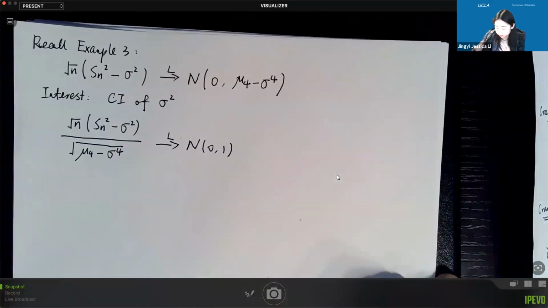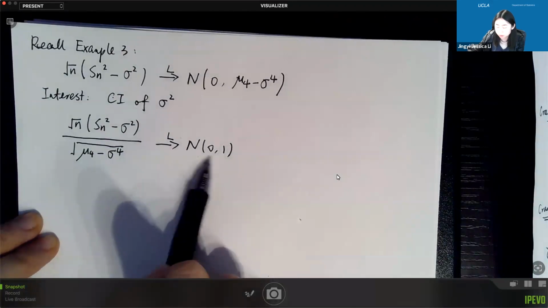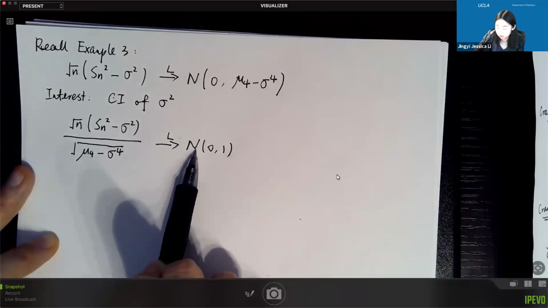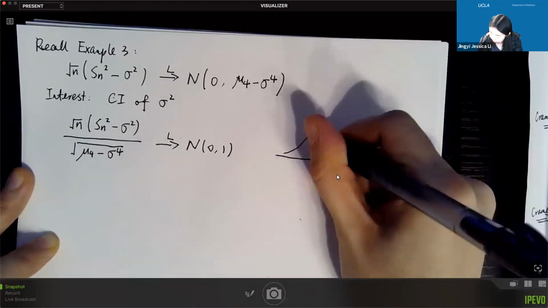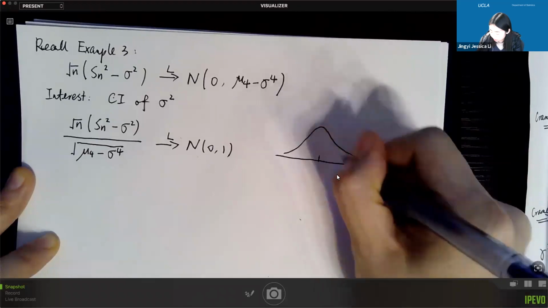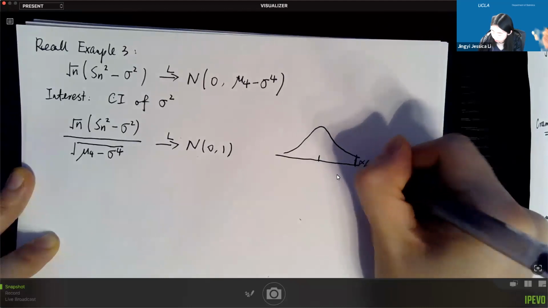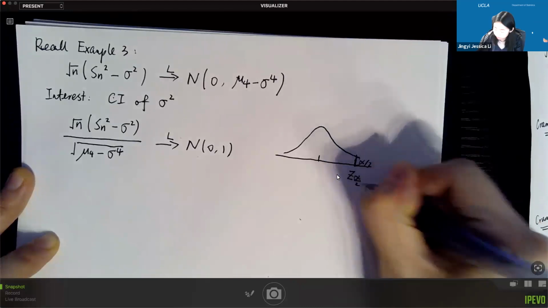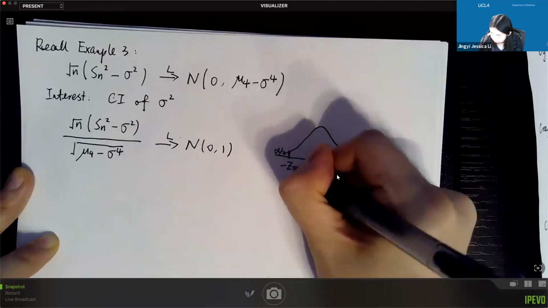Then the way we build a confidence interval is to find the interval that covers 95% probability in this normal distribution. We call those two critical values. This is standard practice: for a standard normal, if the tail area is alpha over 2, we call the corresponding quantile z alpha over 2, and on the left-hand side, by symmetry, negative z alpha over 2.